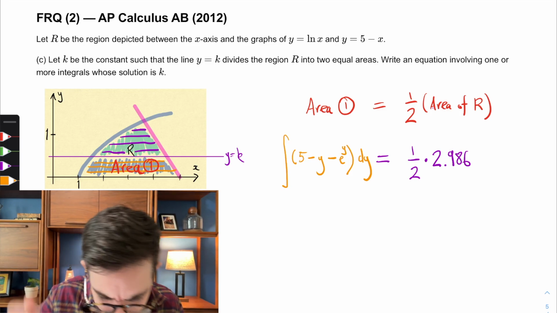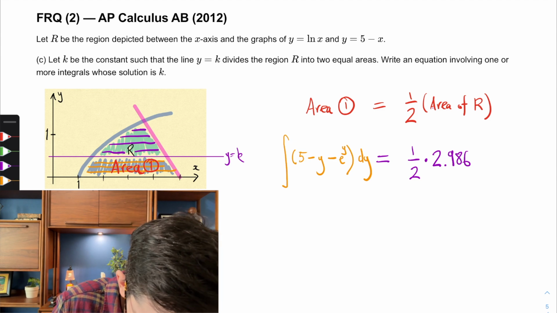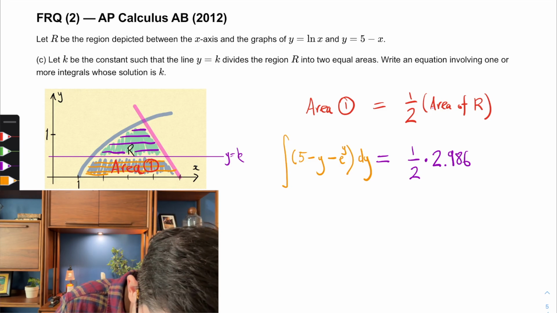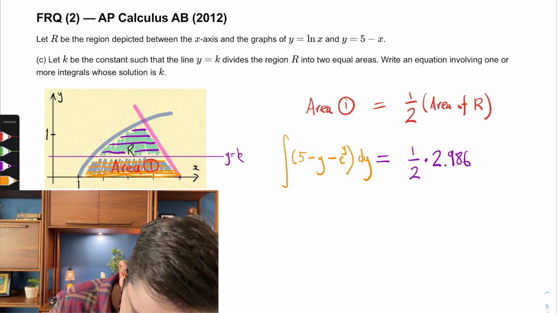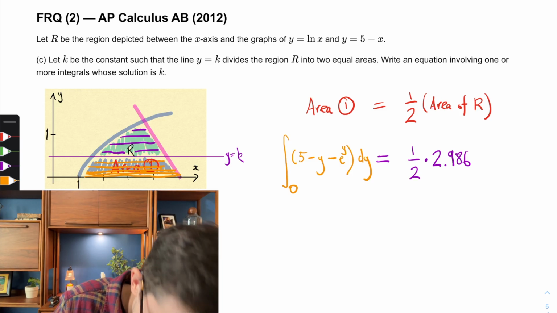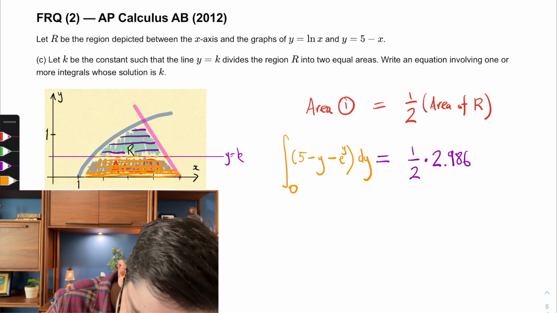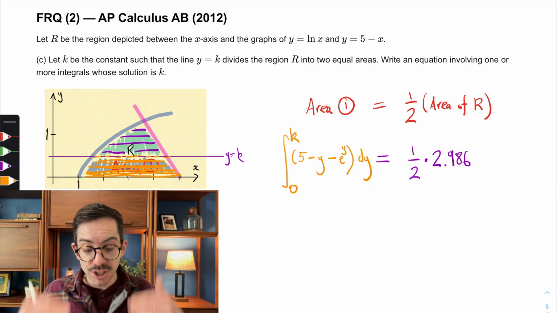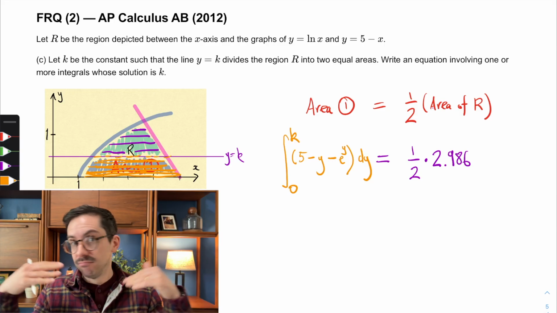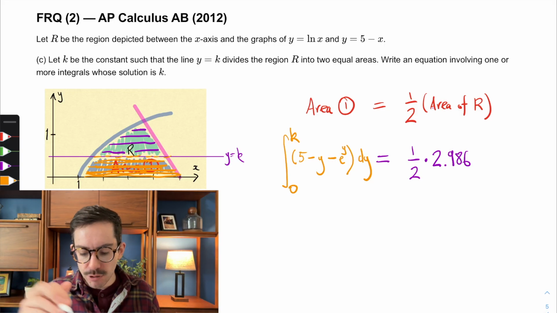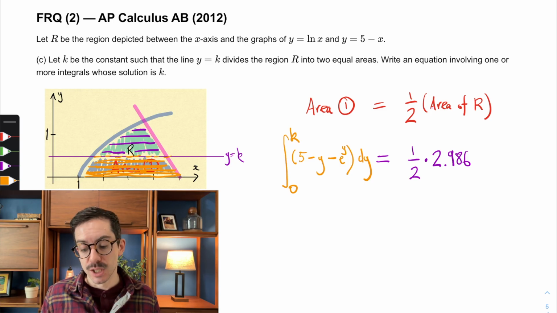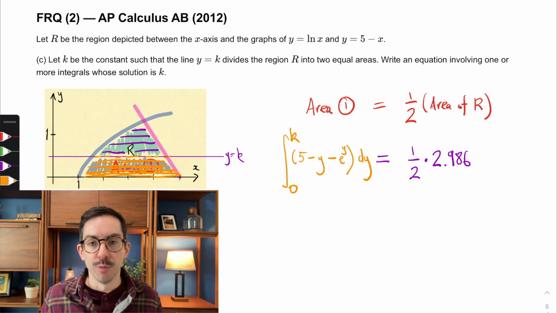Well, what are the limits of my integral? Again, you can see my horizontal rectangles are starting down at y equals 0, and they are continuing up until I get to that dividing line at y equals k. I stop there because that is my half of the region. So 0 up to k, the integral with respect to y is supposed to equal 1/2 times 2.986. I could divide that by 2 if I want to, but it's perfectly acceptable as it is.